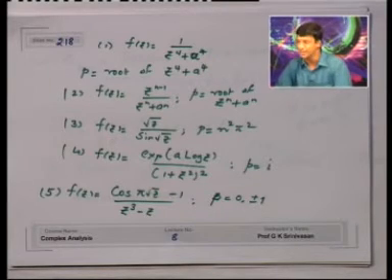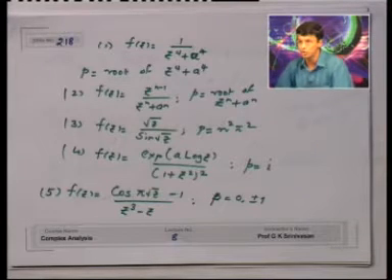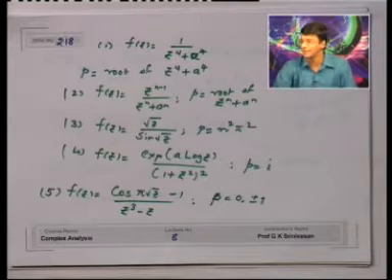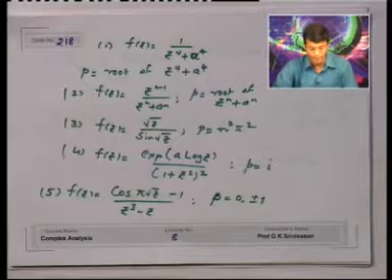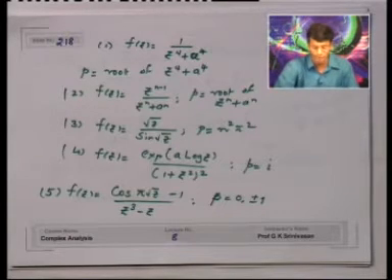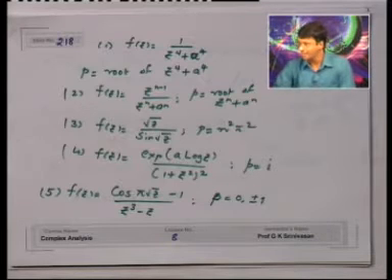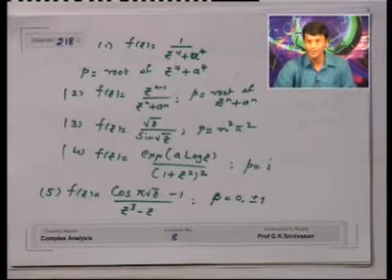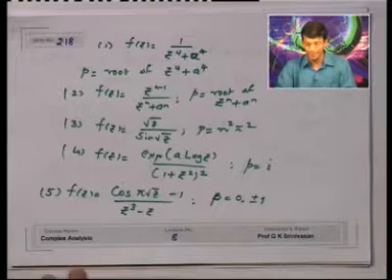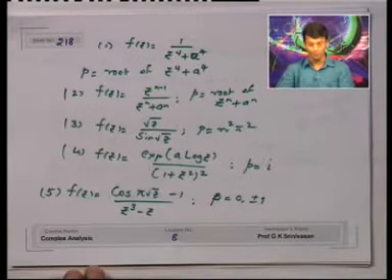The function has a simple pole at each of the roots, and you calculate the residue. Do the same thing with the second one: f(z) equal to z^(n-1) upon z^n plus a^n, and p is a root of z^n plus a^n. Calculate the residues at each of the roots.